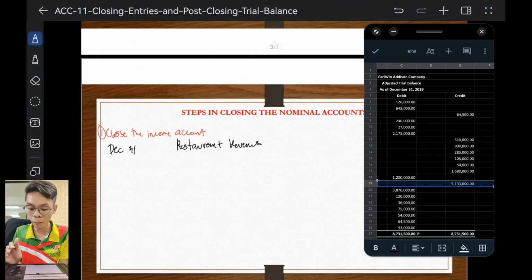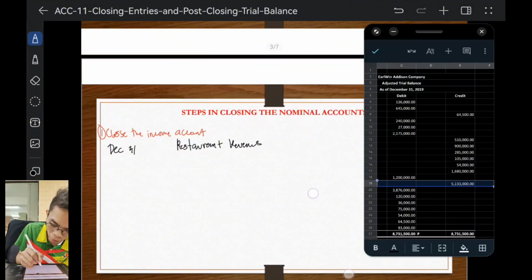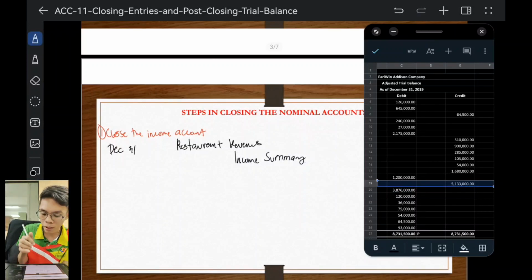So restaurant revenues debit. What do we credit, sir? We will be using a temporary account to close the nominal account, and that would be the income summary. Income summary, class, is just a temporary account that we use in order for the nominal account to be closed.